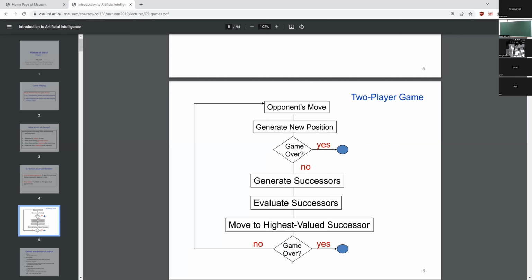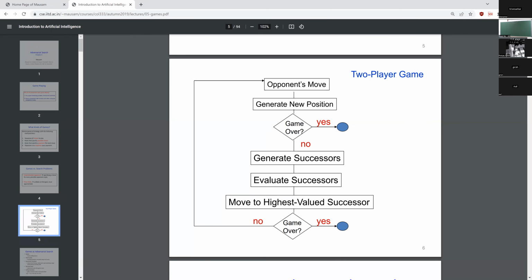Once you do that, the opponent comes into the picture, and if the opponent has no move and the AI agent has come to a game over state, then you terminate. Otherwise, the same loop proceeds. The opponent takes a move, a new state is generated, and so on. So this loop continues until the game is over. Right? Makes sense? Two-player game.